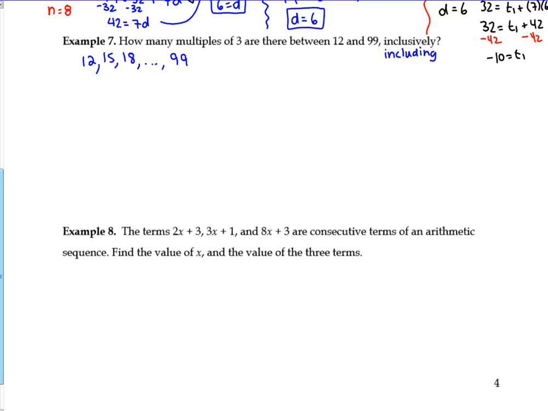So 12, 15, 18. What would your last term be? Is 64 a multiple of 3? No, what would be the last multiple of 3 then? 63. Just because I say between 10 and 64, multiples of 3 have to be multiples of 3. 10 is not a multiple of 3.